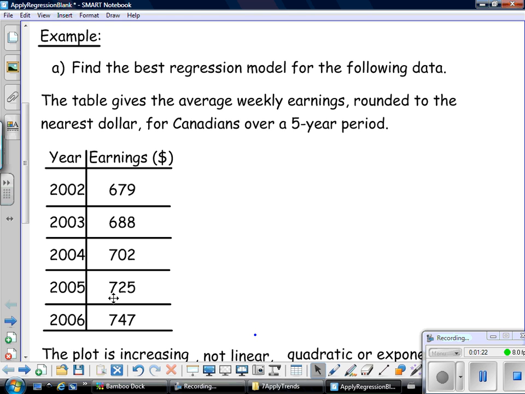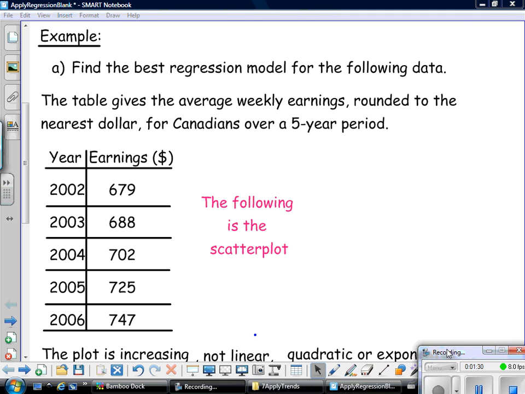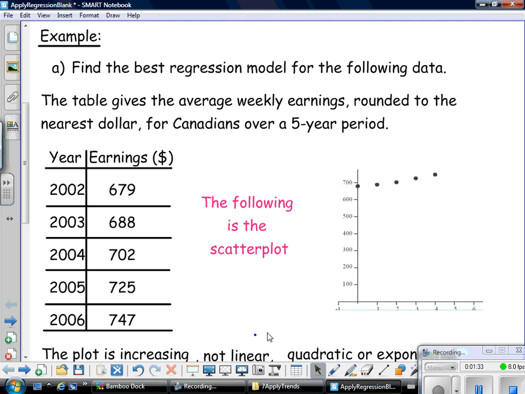So what I did is I took my data, and this is the scatter plot. I actually entered it into the calculator, and this is what it gave me. Okay, it gave me this data. Now, obviously, I'm not going to see these numbers on the graphing calculator, but if I plotted it, this is what I would end up with.